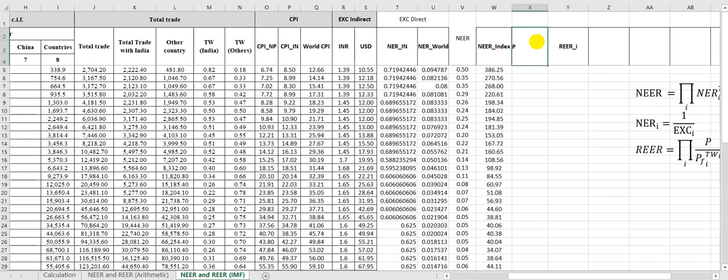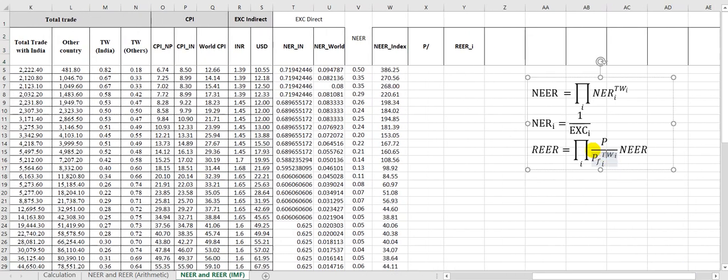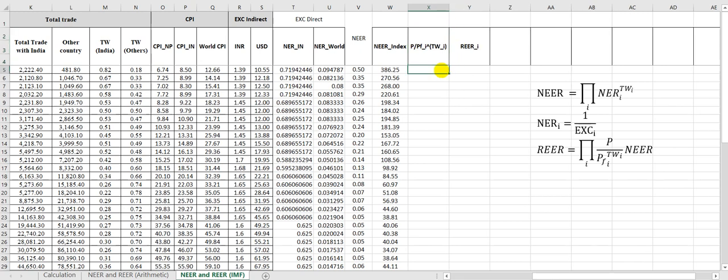First of all, I will calculate this first part so that it will be clear. It is the product of P over PF_i to the power of the trade weight of i, where i means country i, it can be India and the rest of the world. Here P means the domestic price, the price of Nepal. PF means the price of foreign, and i means the ith country.